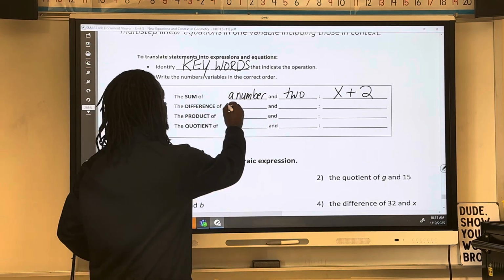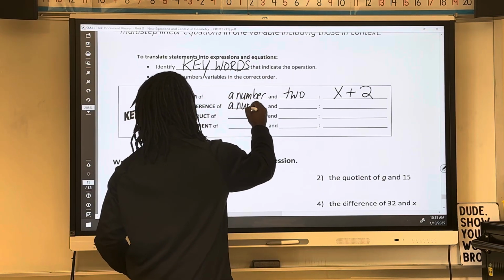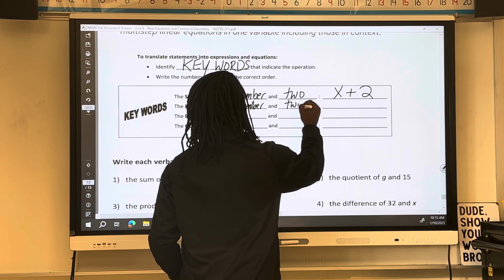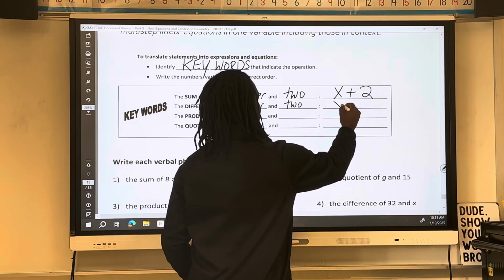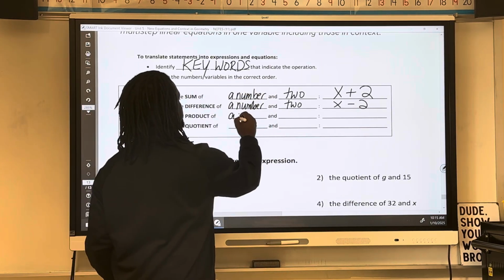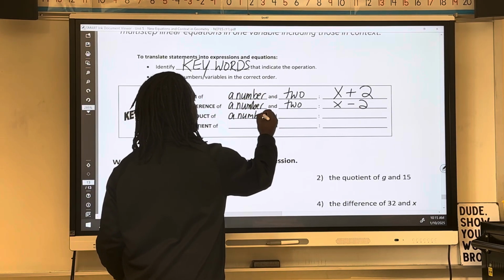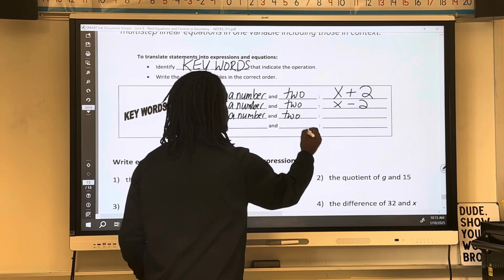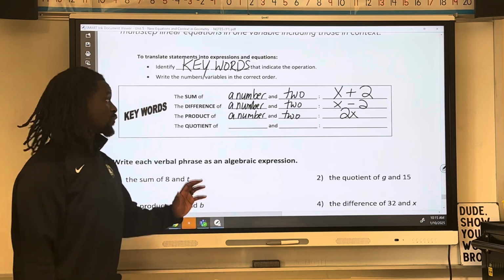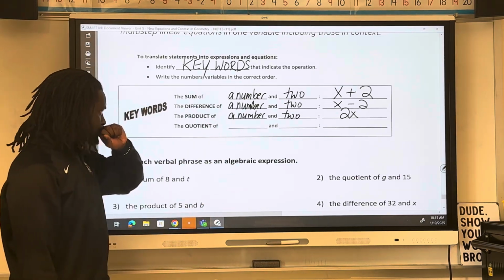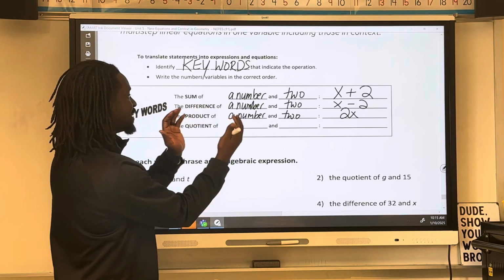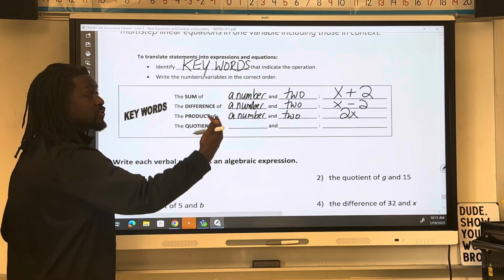If I'm doing the difference of a number and 2, it would be X minus 2. If I was doing the product of a number and 2, that would be 2x. I don't have to write the multiplication sign. In algebra, we just put the coefficient next to the letter, and that means 2 times.